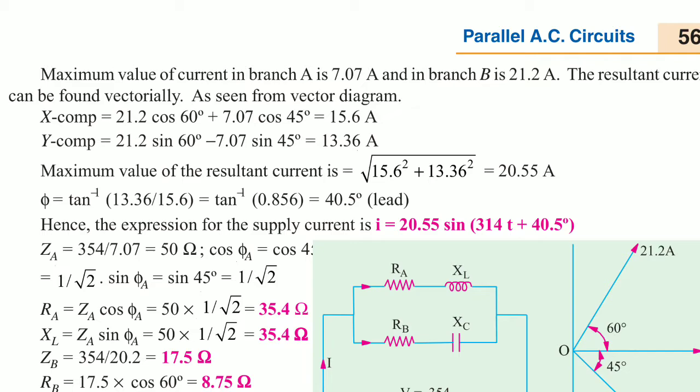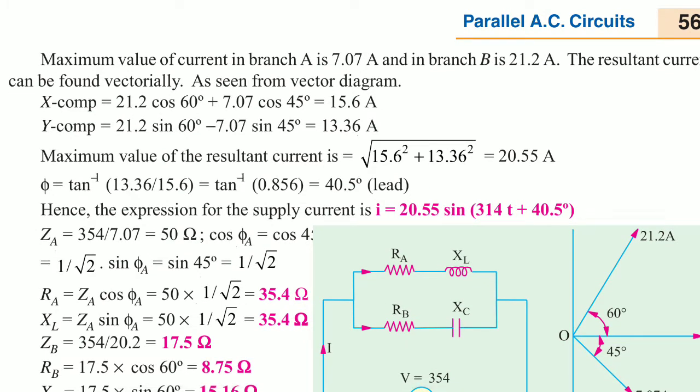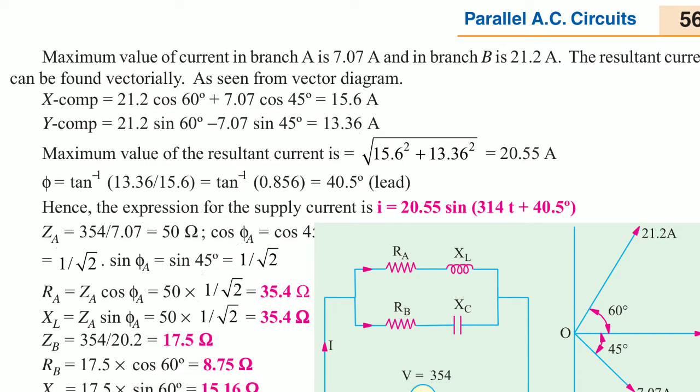Here the x component is I1 cos theta 1 plus I2 cos theta 2. The y component is I1 sin theta 1 minus I2 sin theta 2, or otherwise I2 sin theta 2 minus I1 sin theta 1, whichever depends on the leading or lagging angle.